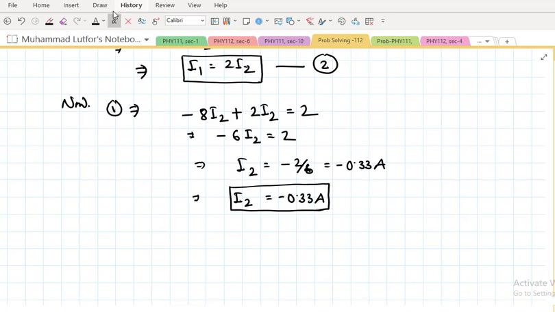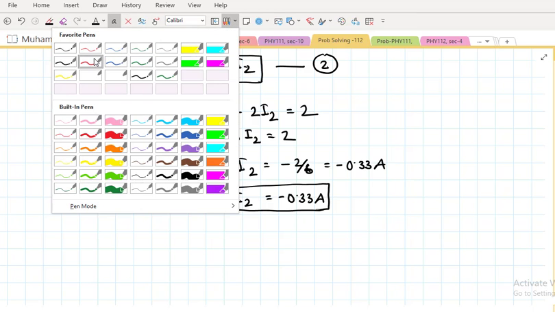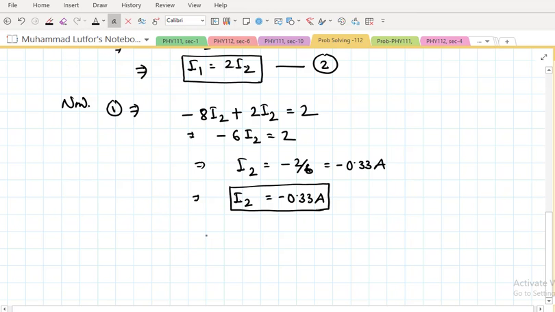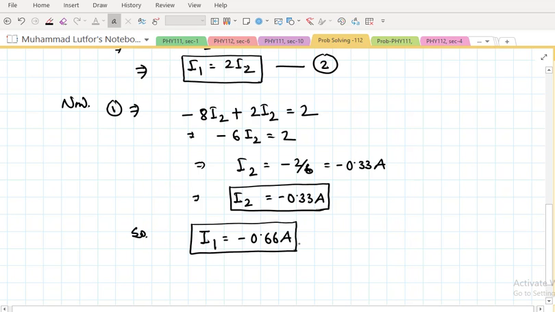And in the same way I can also find I1, so that I1 would be 2I2, which would actually be minus 0.66 ampere, which is the current in loop 1.